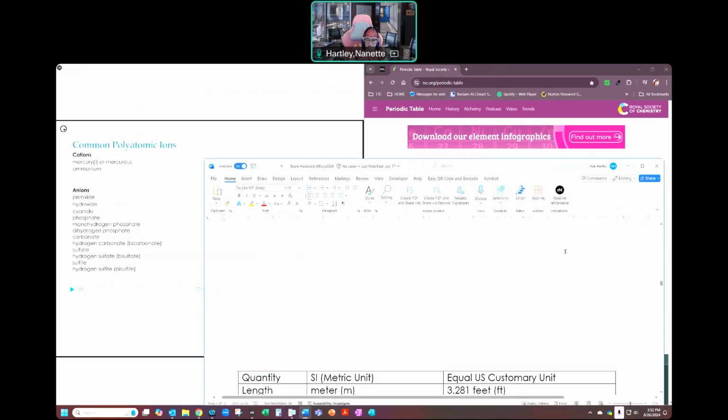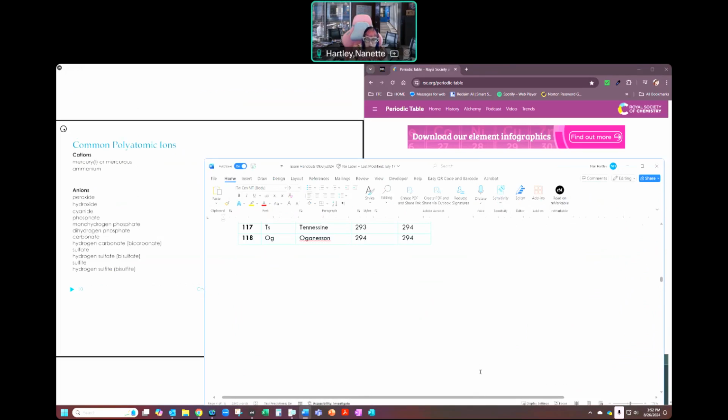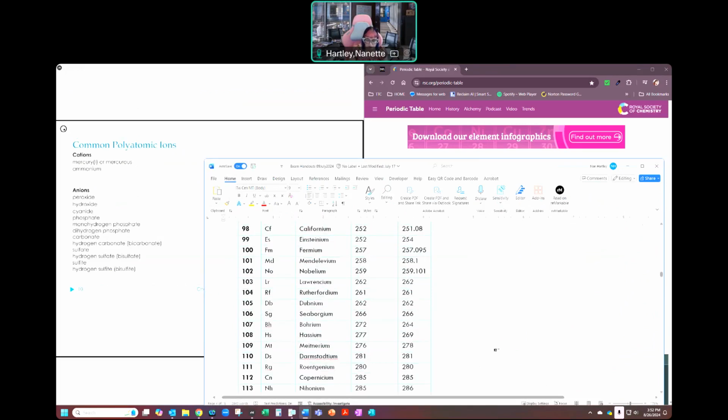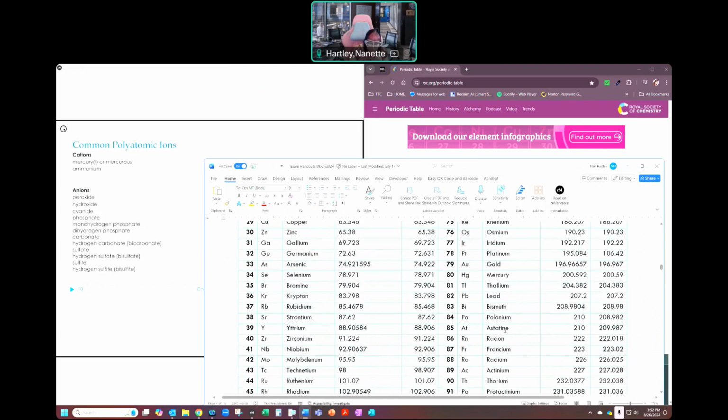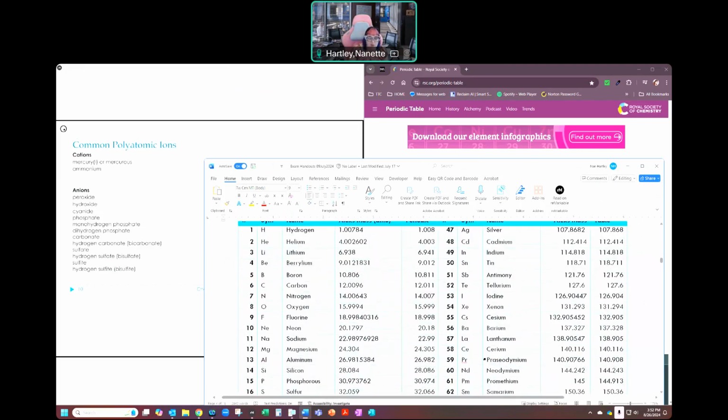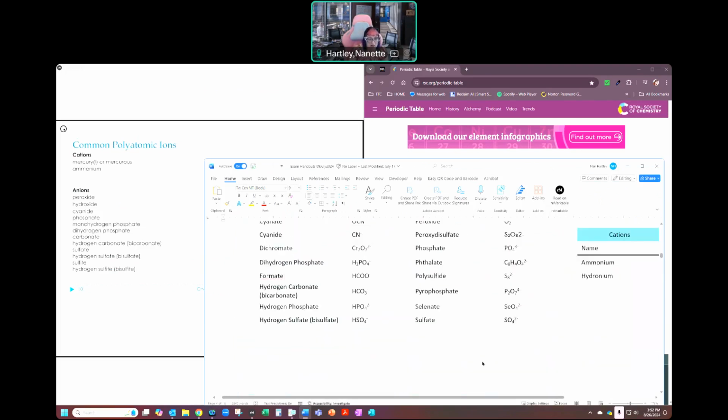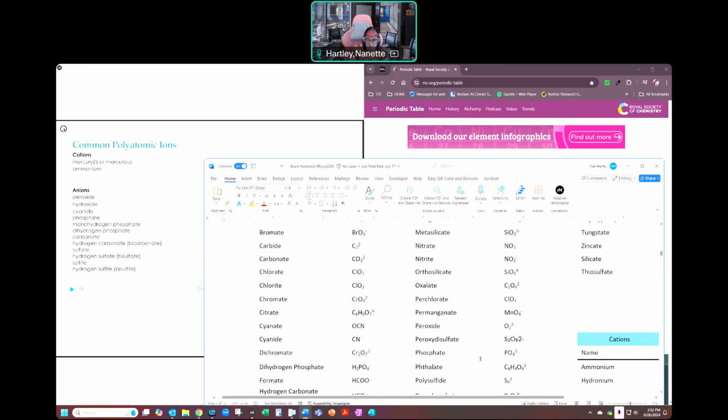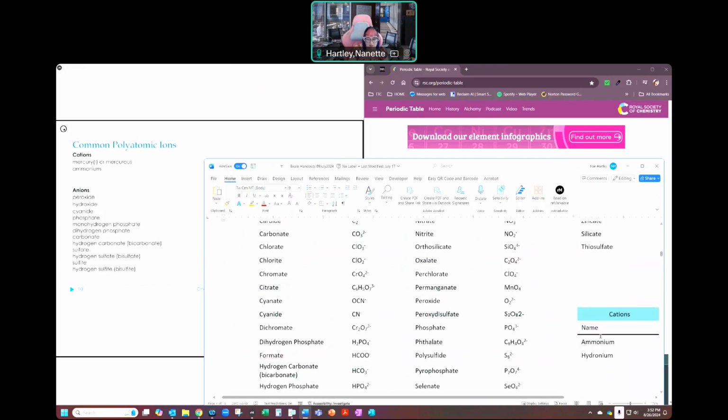What you'll find on your exam handouts is that there is a table of polyatomic ions. This table should include everything that you see on these slides. Okay. You'll see the cations are listed here. You've got ammonium and hydronium listed here. You don't see the mercury one, mercurous.